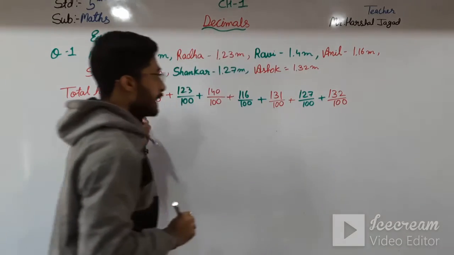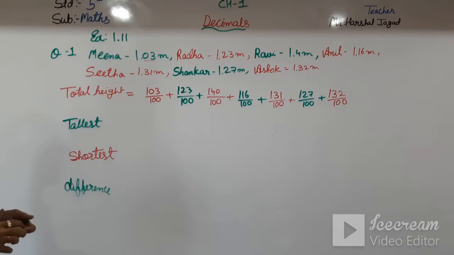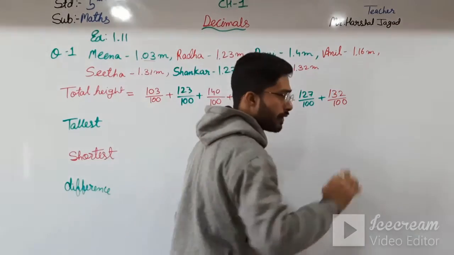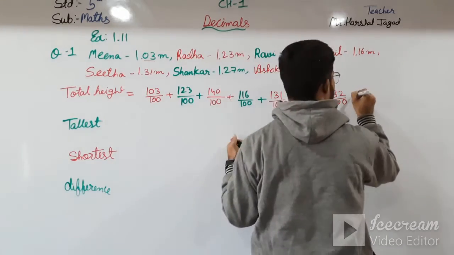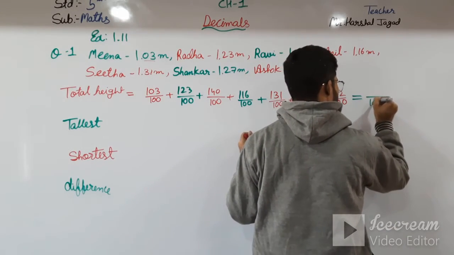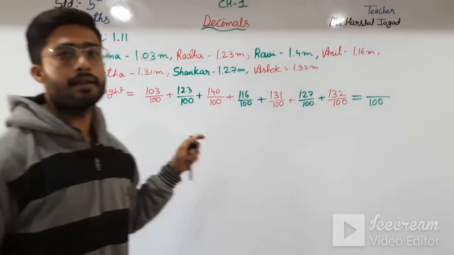Now here you can see the common denominator is 100, so I will put here dash by 100. The LCM is 100.